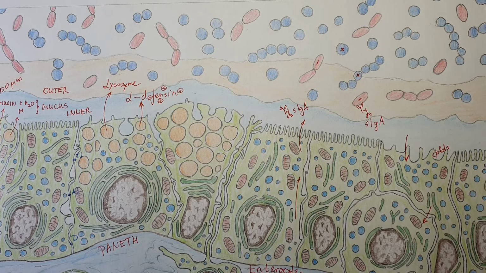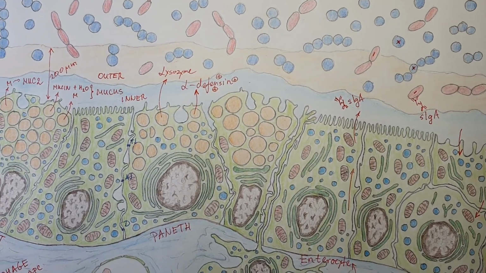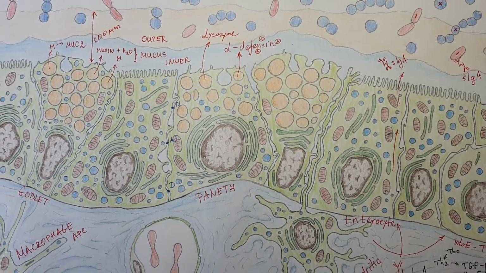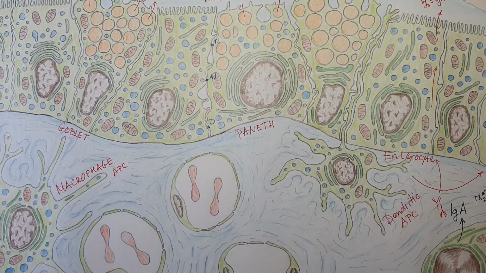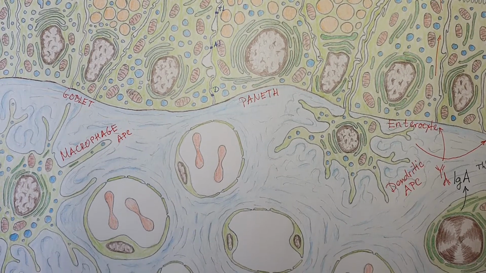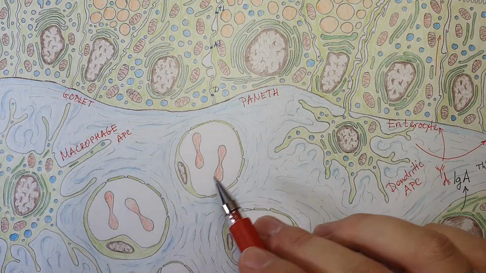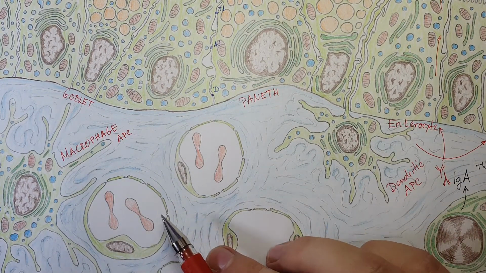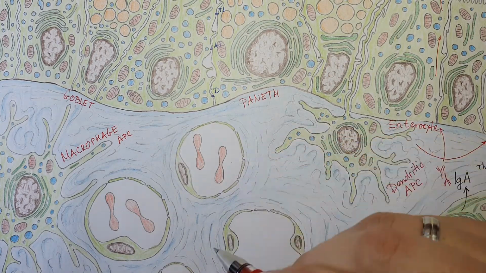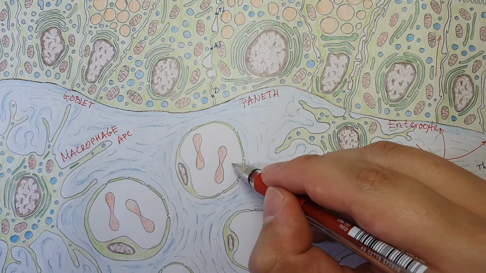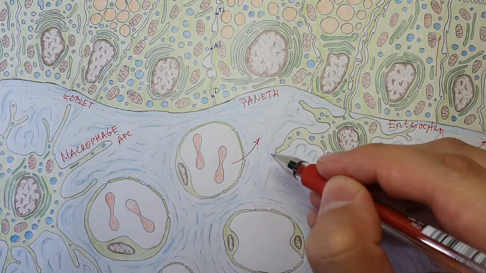So this is a simple overview of how this functions. Also, more immunological cells are brought in through these blood vessels, and there are many in the lamina propria. The immune cells, when they are attracted through chemokines and cytokines, enter the lamina propria.